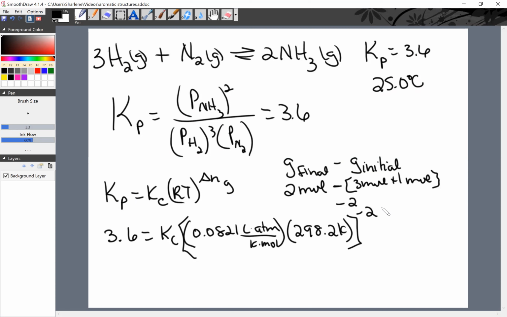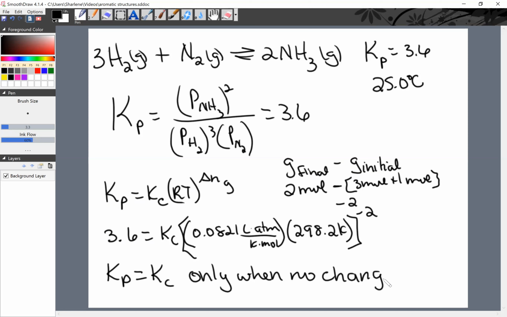So if there's 2 moles on the left and 2 moles on the right, then the Kp will be equal to the Kc. So the Kp is the same as the Kc only when there is no change in the number of moles of gas.